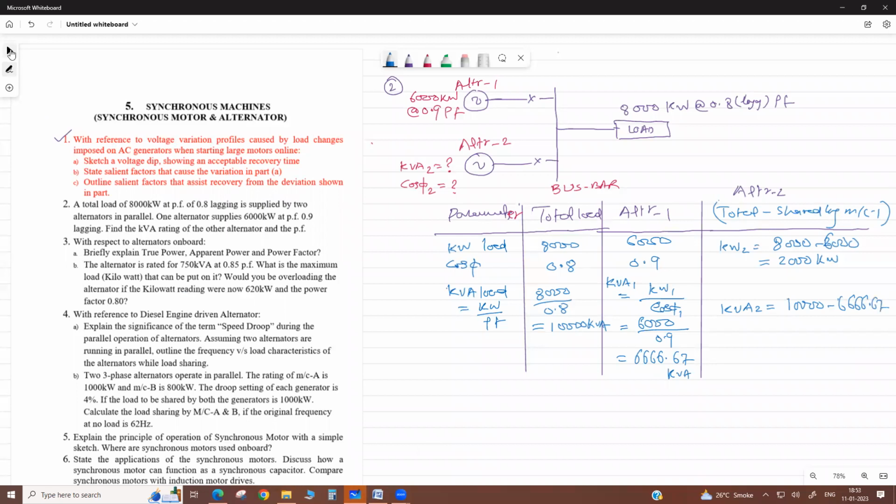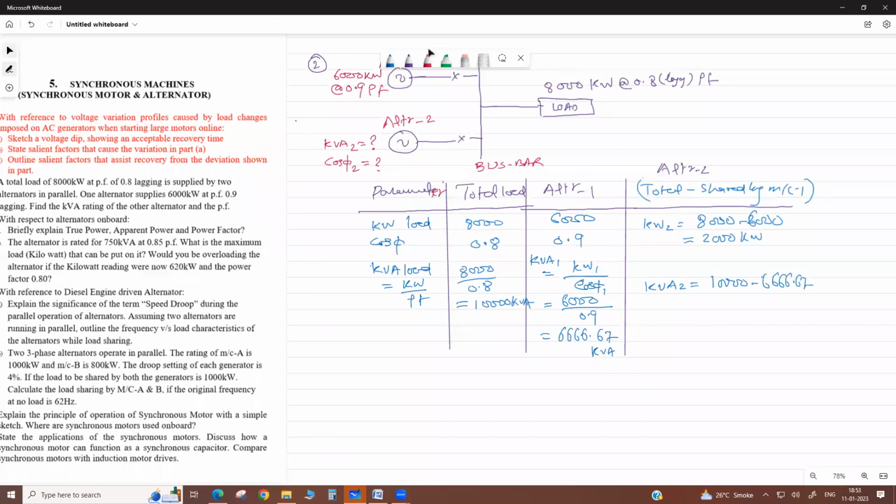Okay, this much. Now we can therefore calculate the kVA rating of machine 2.